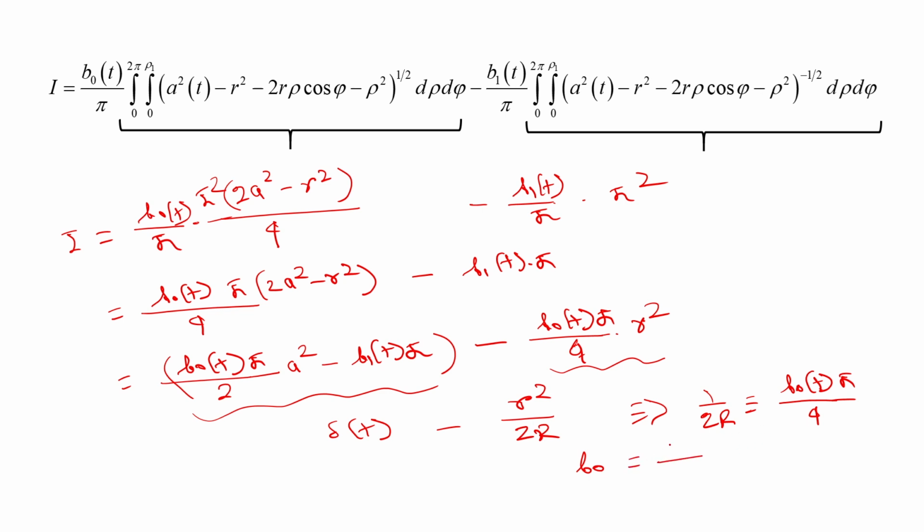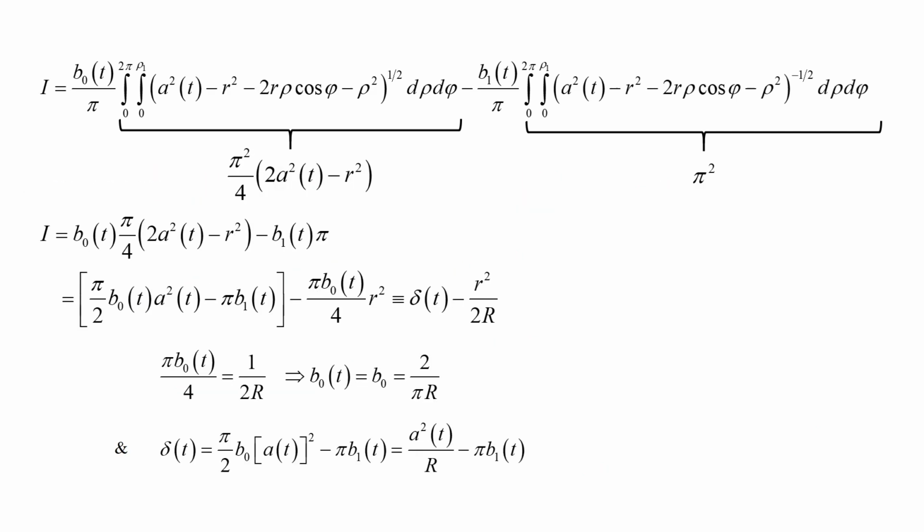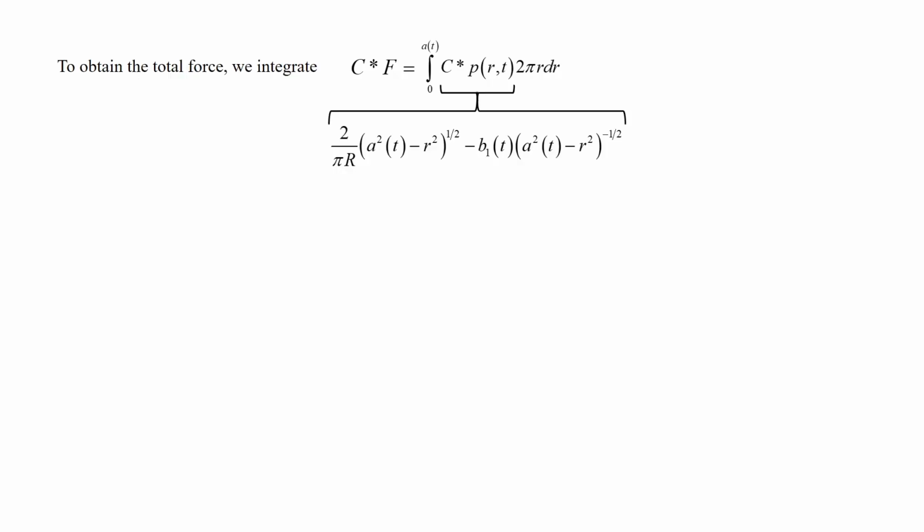So it will be 2 by π r b0. So 2 by π r, and δ of t will become like this. Here again you substitute b0 equal to 2 by π r. So it will be a squared by 2 minus π b1 of t. That is this δ of t, and that is the way we get it.